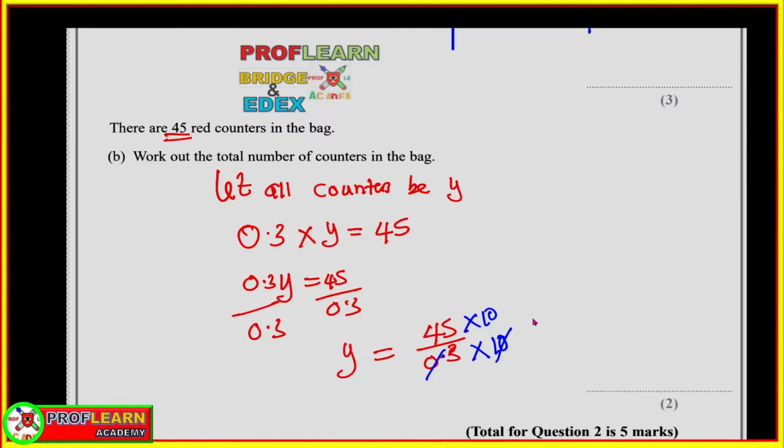So you will have 450 divided by 3, and if you divide, this is going to be 150. So this is 150 as the total number of counters.